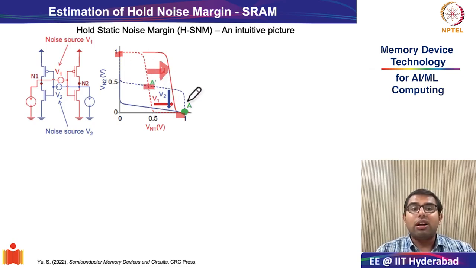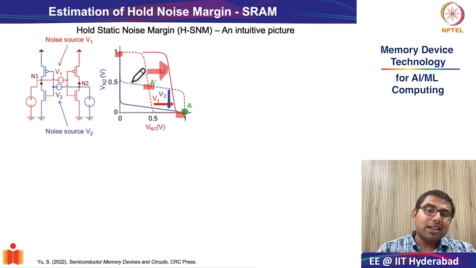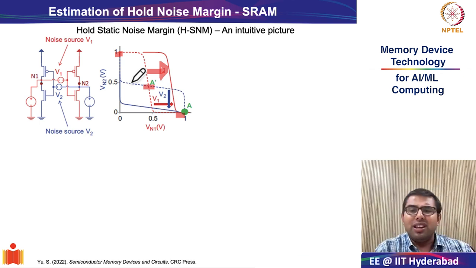So the dotted lines had 3 intersection points. Two of them are in the corners, which are the stable points that store the memory states, while the middle one is the metastable point that could be easily disturbed by noise and flipped into either of the stable points.